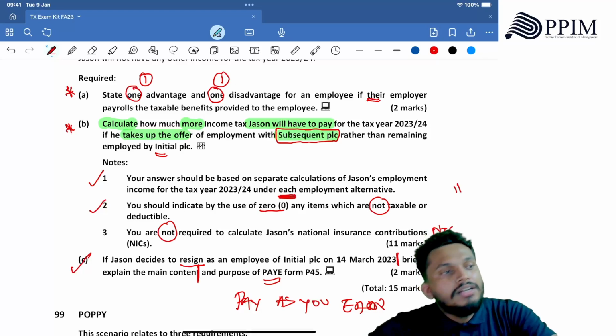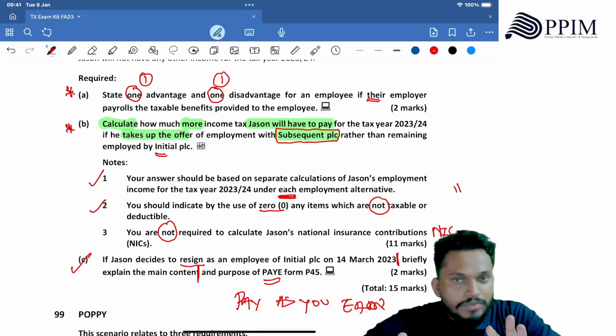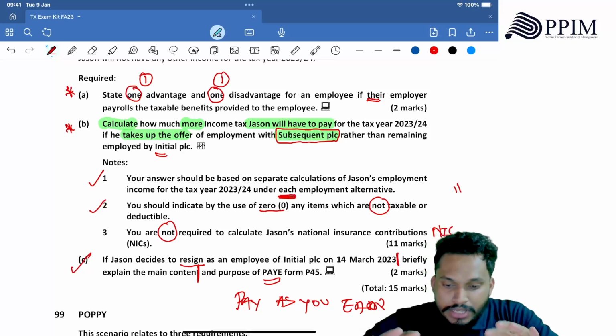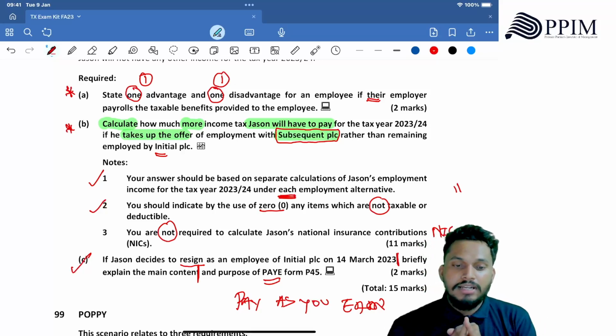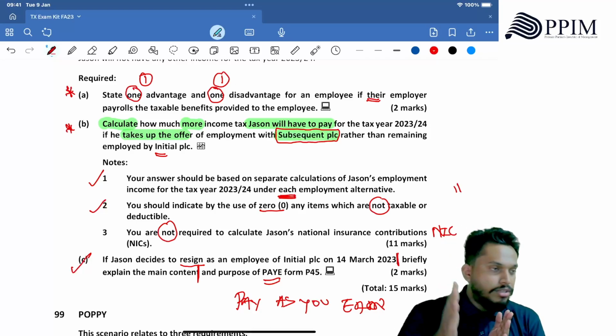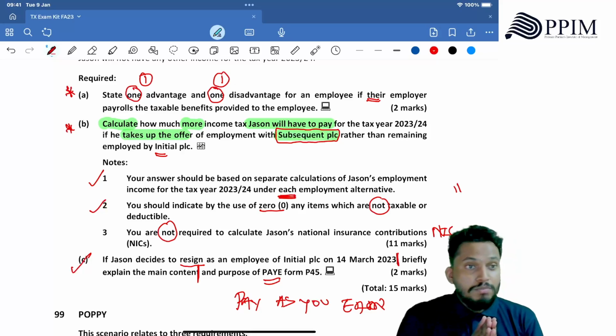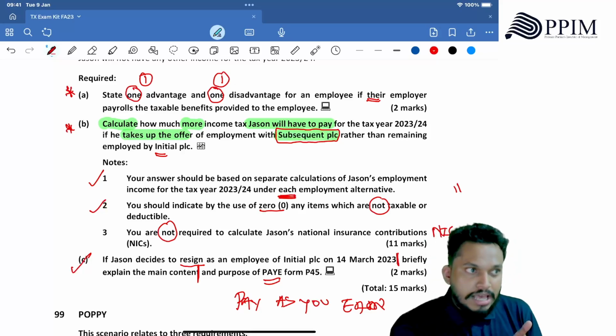That is the main calculation part. Apart from that, you need to draft answers there, isn't it? So in this question for the calculation, you are scoring 11 marks. They are telling that your answer should be a separate calculation for income tax year 23-24 under each employment, which means subsequent separately and initial separately. That is one of the examiner's requirements.